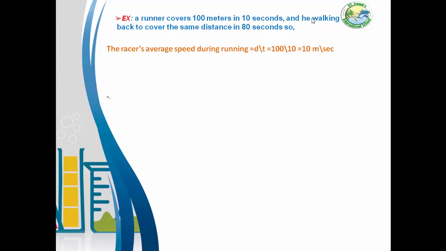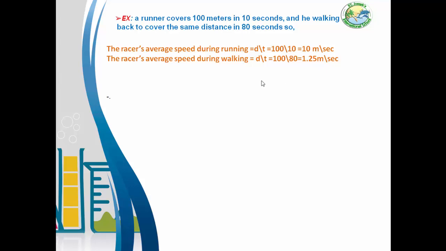During walking, he covers the same distance, 100, but in 80 seconds. So it will be D divided by T, 100 divided by 80, so it will be 1.25 meters per second.